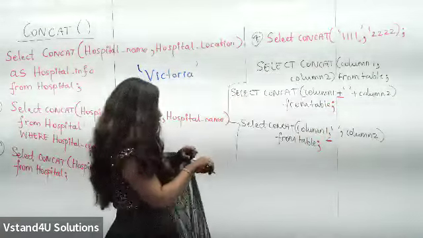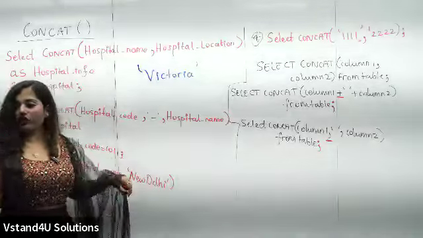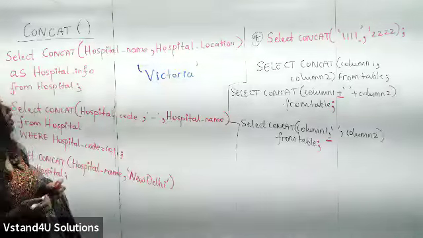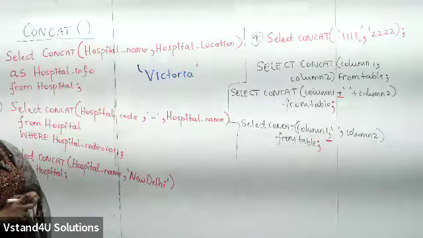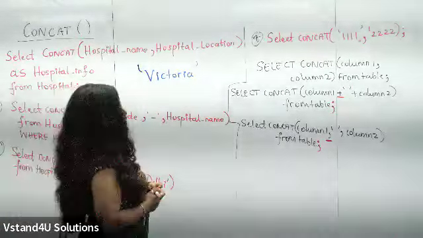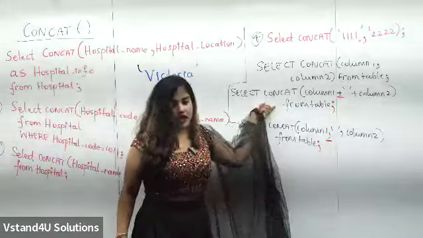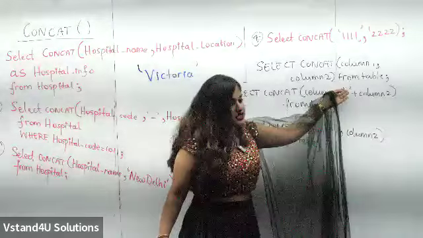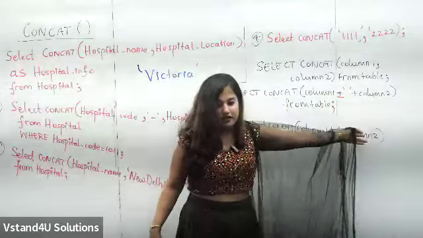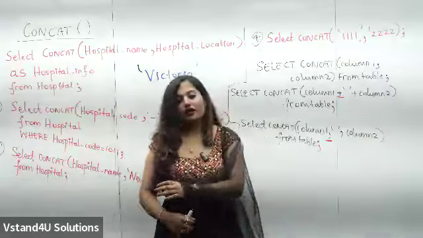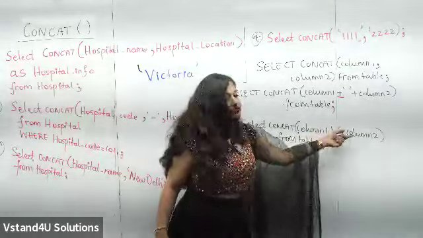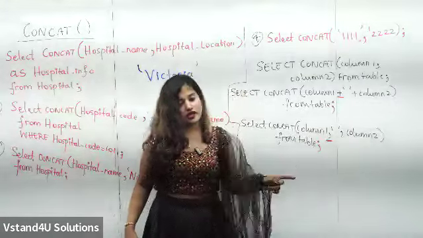Now tell me which one is wrong. All are correct. You can write any concat function like this: column 1 plus some string plus column 2. Column 1 hyphen column 2, just now you wrote, that is right.